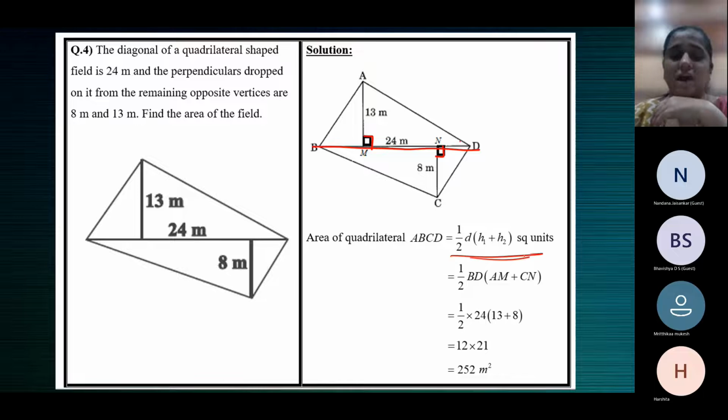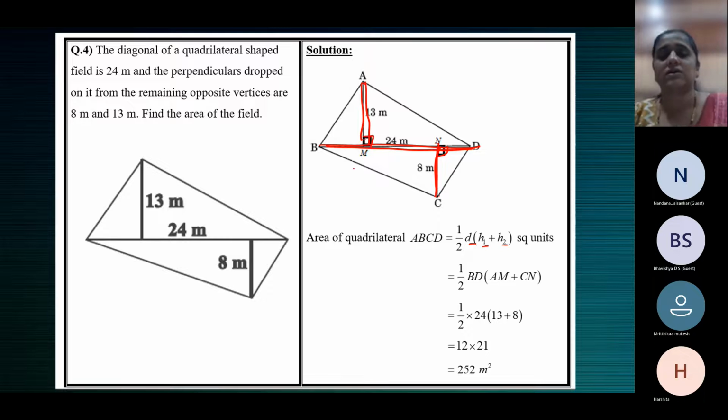That's what this formula means: half D into H1 plus H2. Half into the length of the diagonal, into H1 and H2, the perpendiculars on that diagonal. Here the diagonal is BD, and AM and CN are the perpendiculars on the diagonal BD. They're touching the diagonal BD.